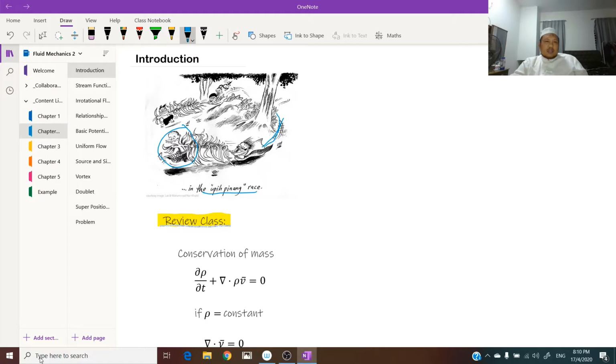So this is a good example to explain what the potential flow is, what the streamline is. The potential flow means that without this guy, this Upeh cannot move, it just stays static there. So this guy gives a potential, we call it a potential velocity.